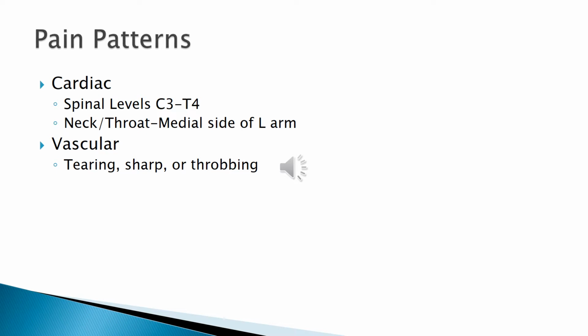And usually the cardiac pain, they'll describe it as a crushing type of pain. People who are having, again, for instance, a myocardial infarction or a heart attack, it basically feels like a lot of pressure on their chest. That's really painful and uncomfortable. And just in general, vascular pain itself. So pain of vascular origin is usually described as a sharp, a tearing, or a throbbing type of pain.